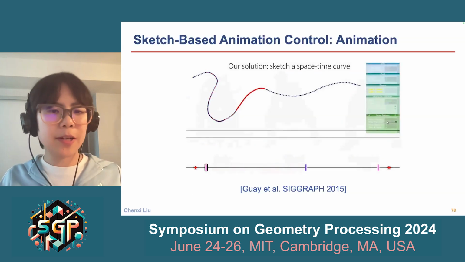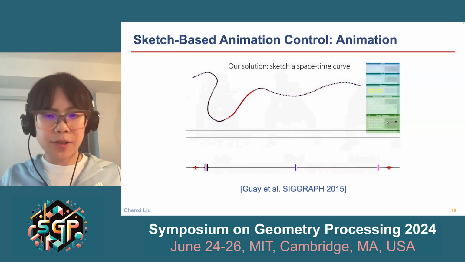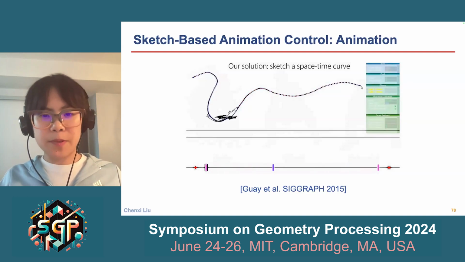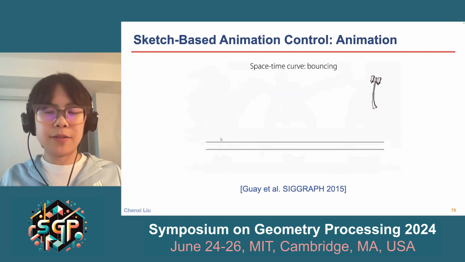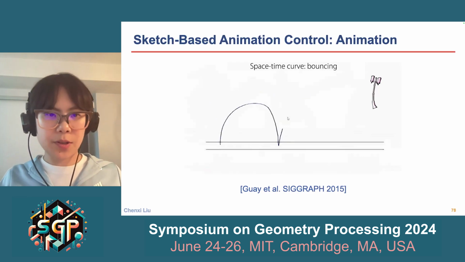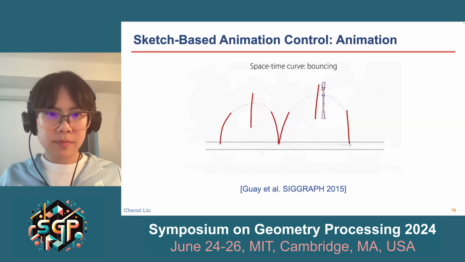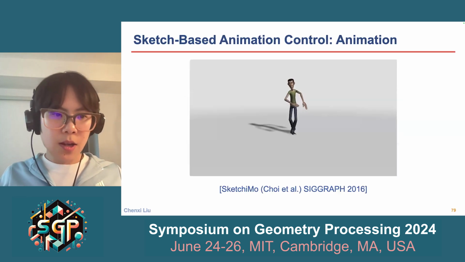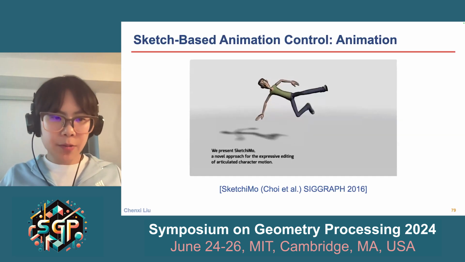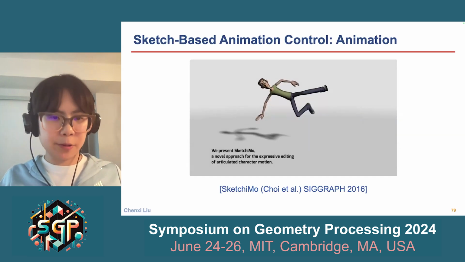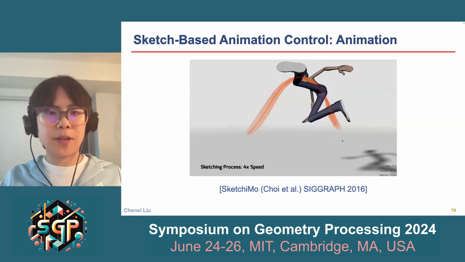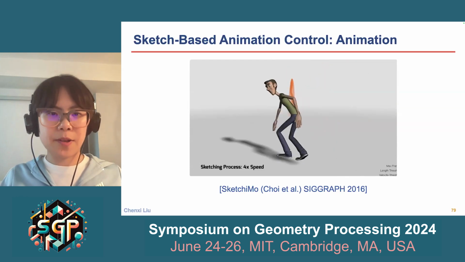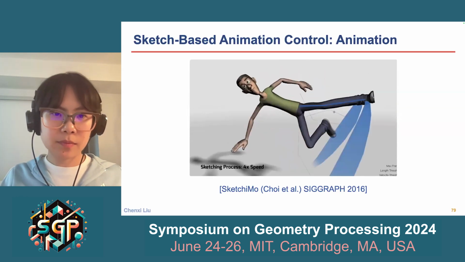To control the animation of a rigged character, researchers started from simple path following and keyframe posing, as in this method. And then there are some later works about more articulated control for different parts of the character, such as the leg over here.